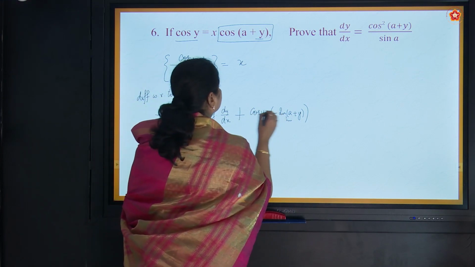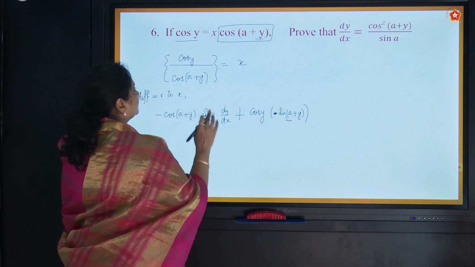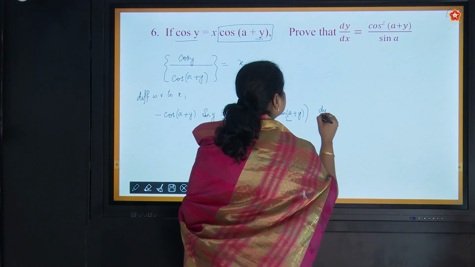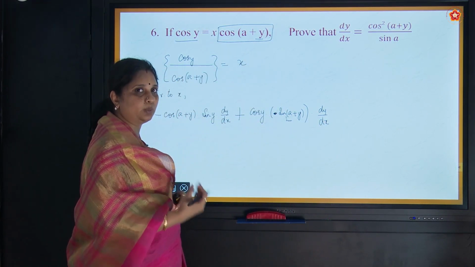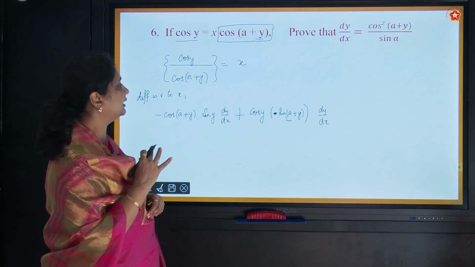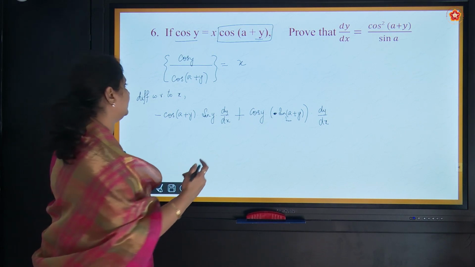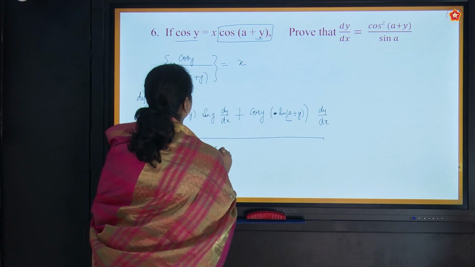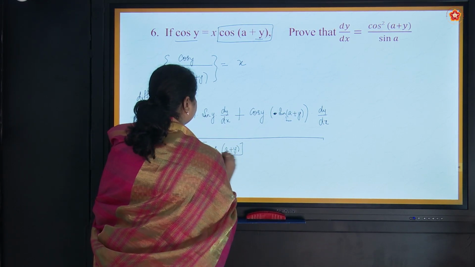Now a plus y on differentiation gives you dy by dx again, because a is an arbitrary constant. It's denoted by a variable, but a, b, c are constants in that particular situation. So a gets nullified into 0 and y on differentiation gives you dy by dx, divided by cos of (a plus y) the whole square, right?